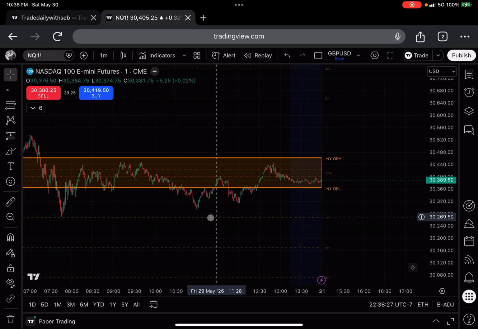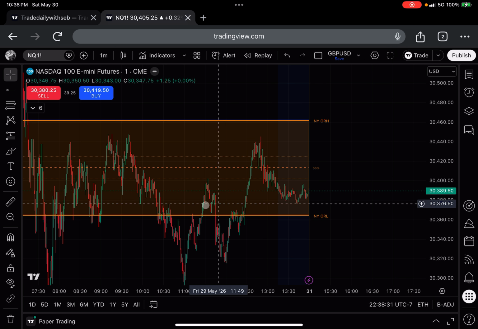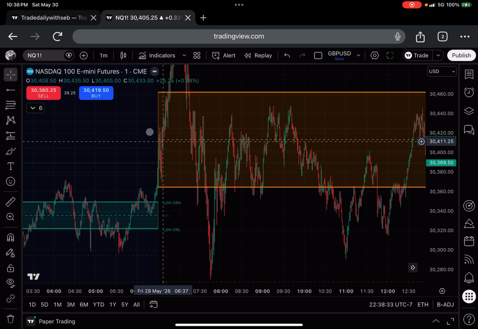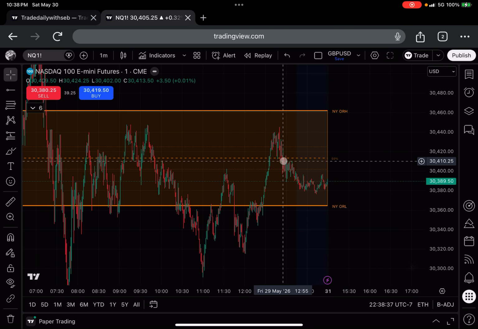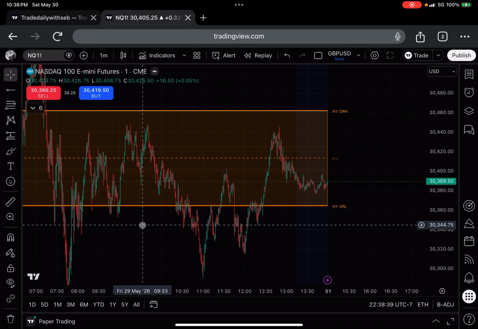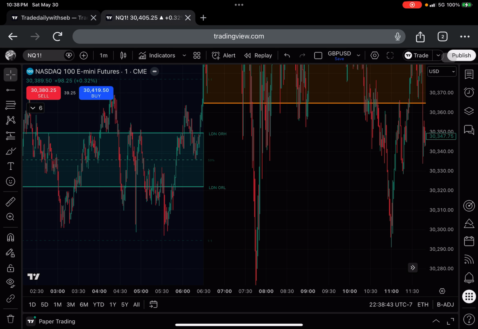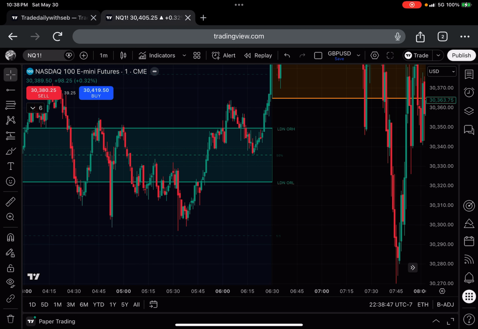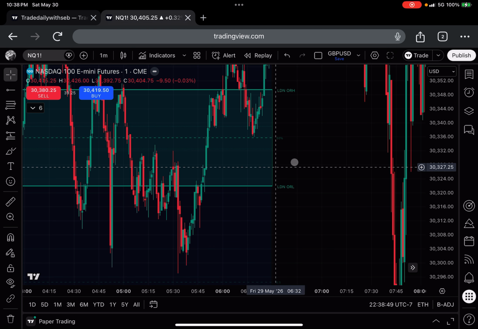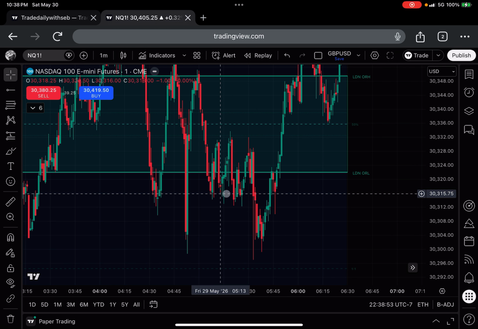It does have a zone area. I'm probably going to tweak the code a little bit so I can highlight the area better for you guys, so you can trade off that area. It does have a mid-level line if you guys want to take those trades.